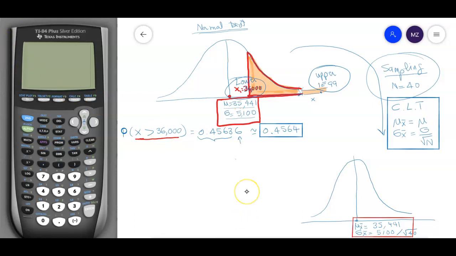So the new question right now is asking you, what is the probability of X bar greater than 37,249? I forgot to tell you that this new axis is going to be called X bar, the sampling axis, right? Probably the graph is not really clear, so I'm going to zoom in a little bit here.